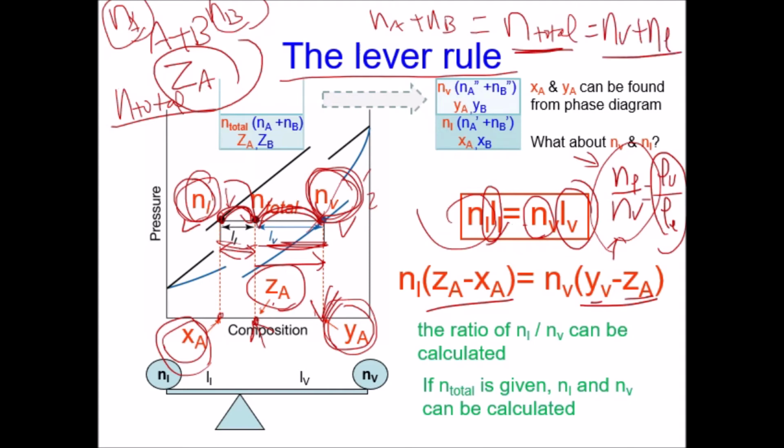So how many go to liquid and how many go to vapor, added together, is the total number of moles. By using this equation plus the lever rule, you can calculate the exact amount that goes to the liquid and to the gas phase. And we're going to see some examples later.